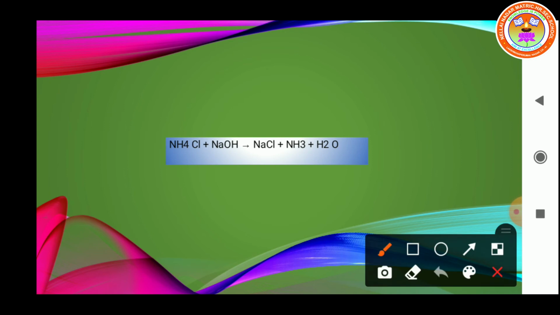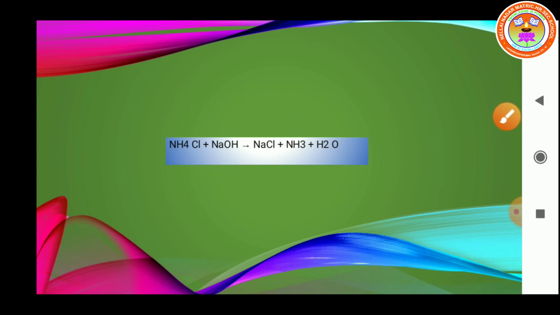Ammonium chloride, isn't it? What is the formula for ammonium chloride? NH4Cl plus sodium hydroxide, NaOH, gives rise to NaCl, ammonia gas, NH3, plus water. Okay, now is the reaction clear?